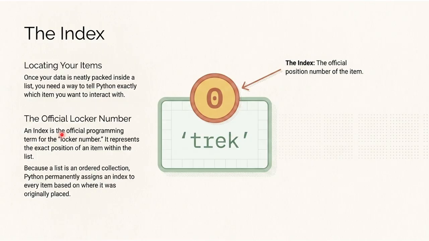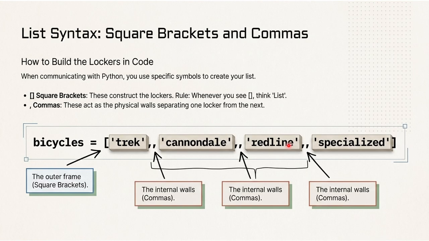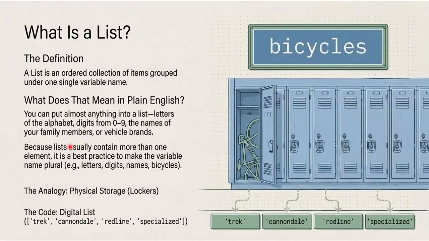If you want to understand the index using a real world example, consider again our locker room analogy. Your locker number is essentially the index. Why is that?